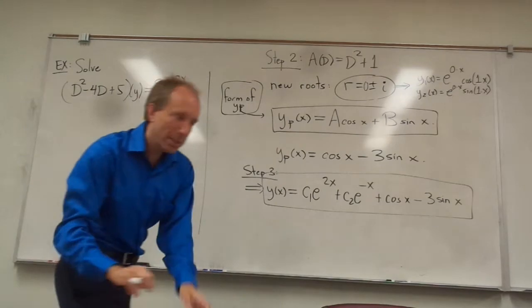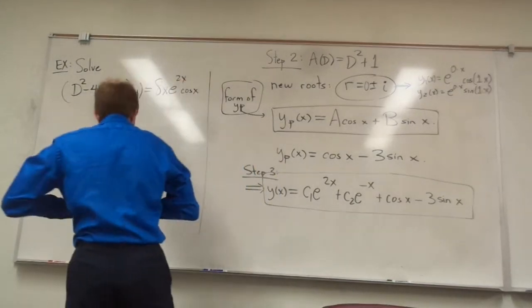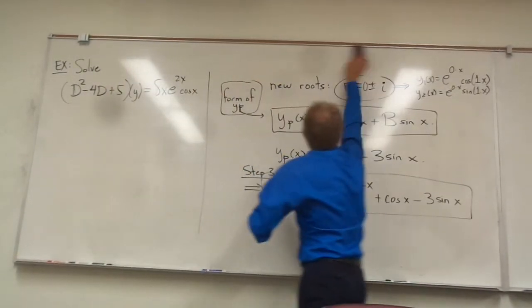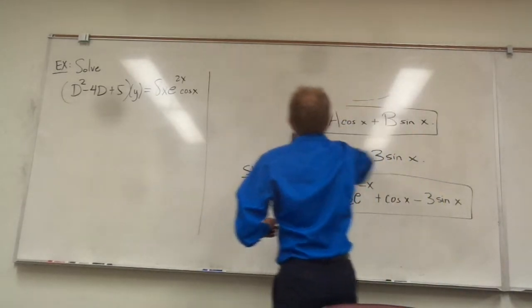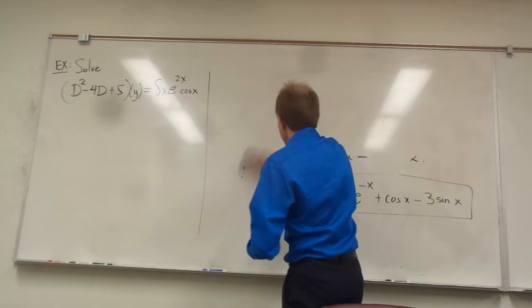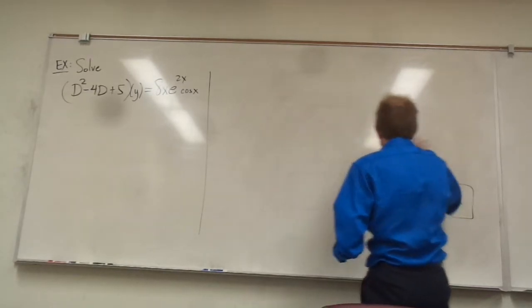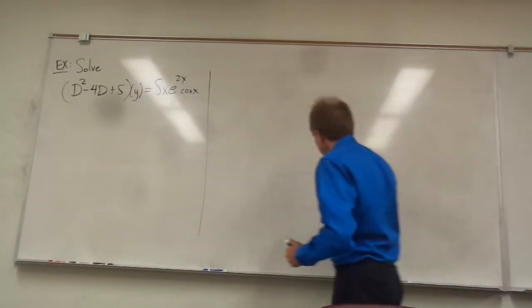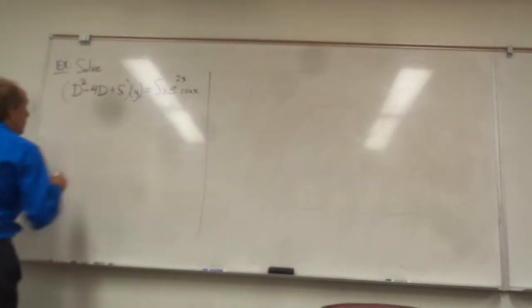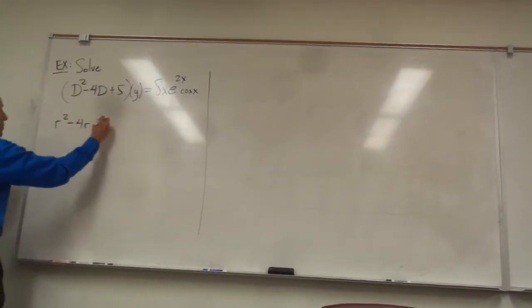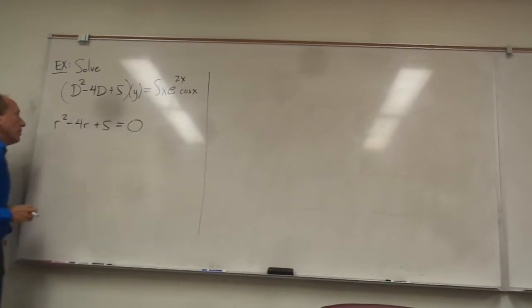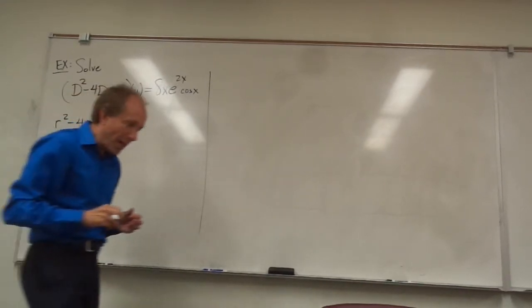While I'm erasing, maybe you can write down the auxiliary polynomial for the homogeneous differential equation so we can get the complementary function going. This is very easy. Remember that all of the d's just turn into r's. So r squared minus 4r plus 5 equals 0.